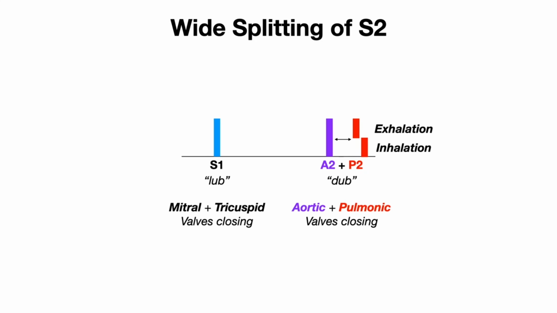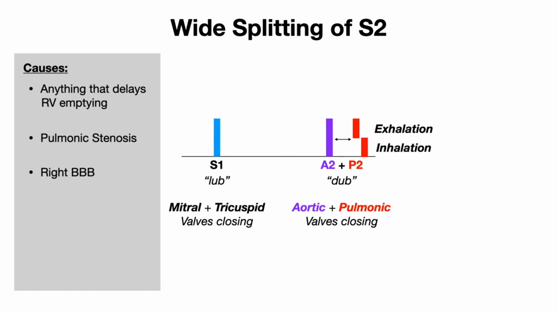So when you have your headphones on and you're listening to the audio file on your exam, or you have your stethoscope on a patient's chest, and the lub-dub doesn't sound like lub-dub, lub-dub, but you hear lub-dub-dub, lub-dub-dub, now the dub is being separated or split. So this is why splitting is important. So when it comes to wide splitting of S2, let's talk about what's happening. So the cause of wide splitting of S2 is anything that delays right ventricle emptying.